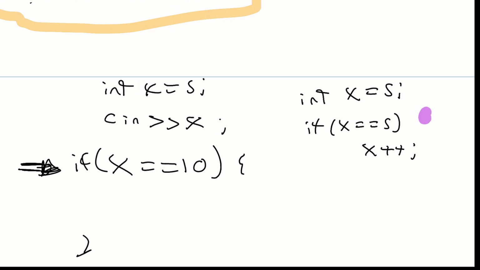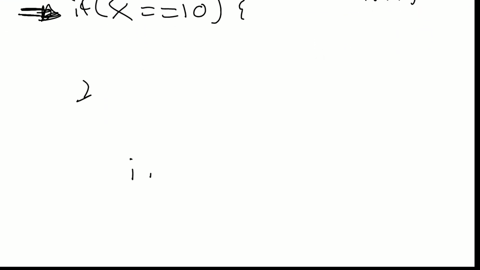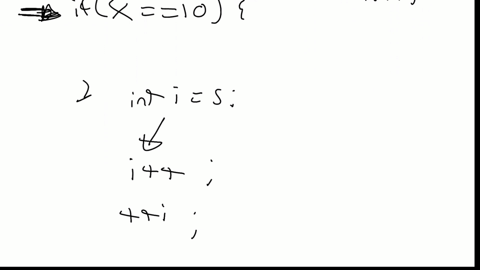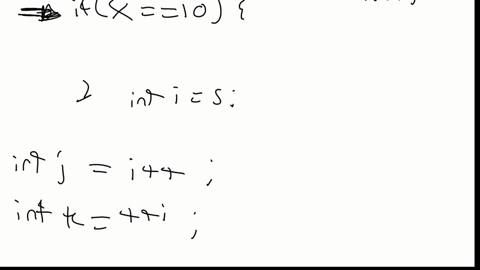Maybe, for example, a loop counter could be something like this. The difference between i++ and ++i. Let's say i is equal to 5. If I go ahead and set two variables here, which I'll call j and k, what do I expect j to have here?